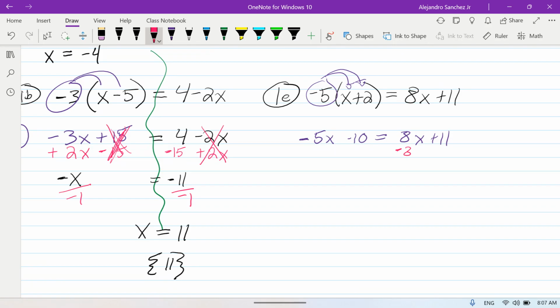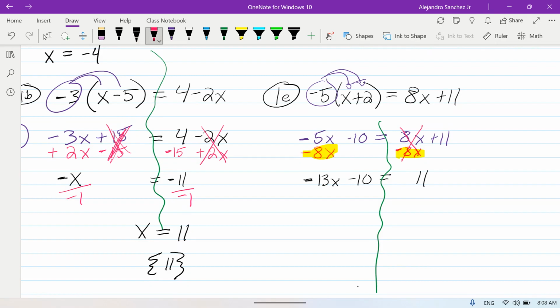Again, I like to have my variables on the left side, so I'm going to subtract 8x from both sides. It's a positive 8x, so to cancel it out, I'm going to subtract 8x to get negative 13x minus 10 equals positive 11. Whatever you do to one side, you have to do to the other, right? So subtracting the 8x's.